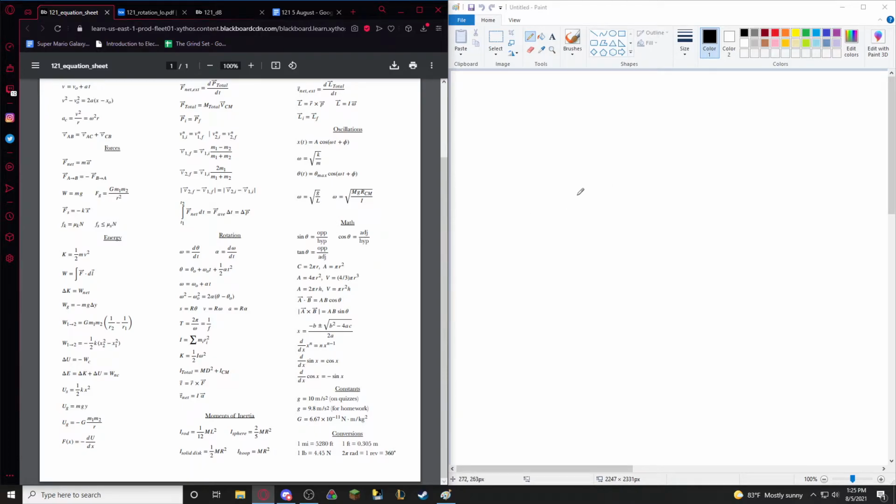Like if this is our axis of rotation, and we're rotating around like this, and we have a bunch of little point masses like this. How do we calculate the moment of inertia for all these?